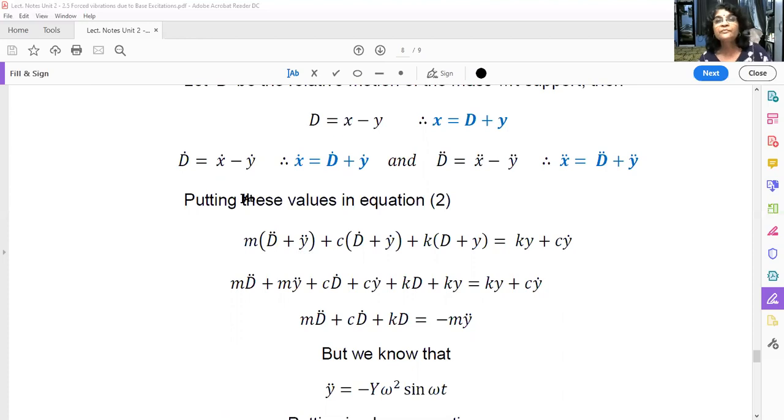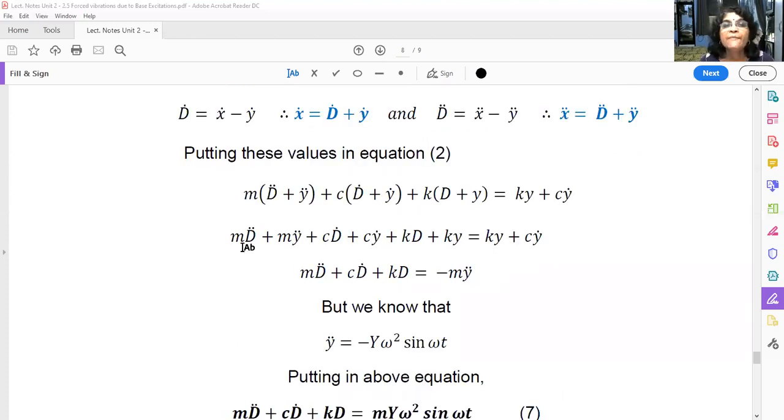Open this bracket: m D double dot plus m y double dot plus c D dot plus c y dot plus k D plus k y is equal to k y plus c y dot. Now this k y and this k y will cancel out, then c y dot and this c y dot will also cancel out.